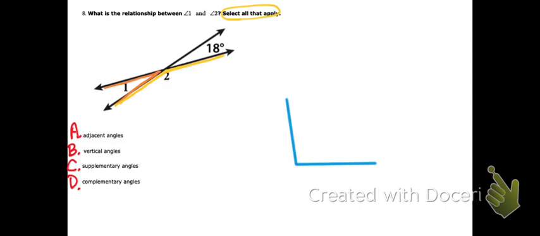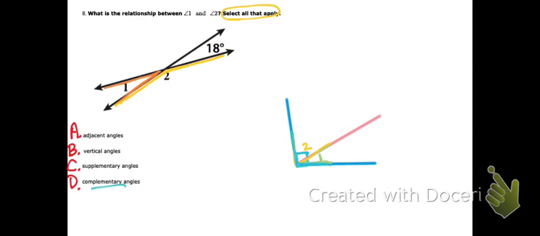And lastly, complementary angles. If you have an angle with this little box here, that means it is a right angle. It is a 90-degree angle. If it is made up of two angles that form that right angle, like in this case, this angle 1 right here, and this angle 2 right here, this green and yellow angle form this 90-degree angle.